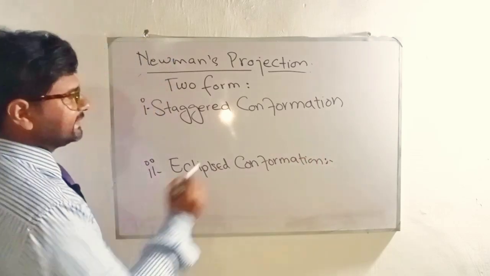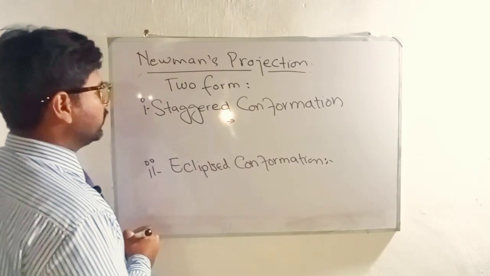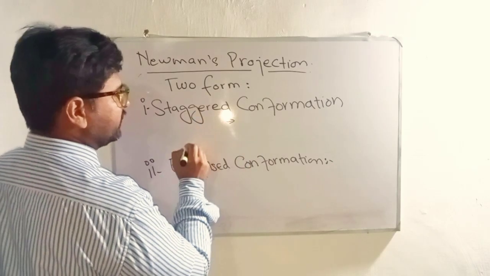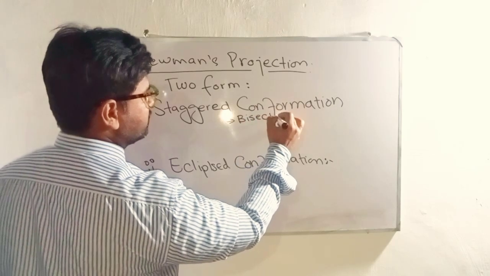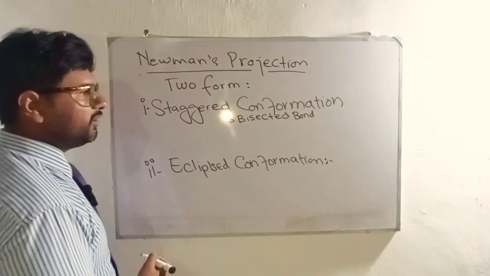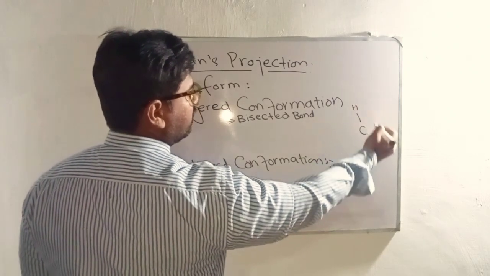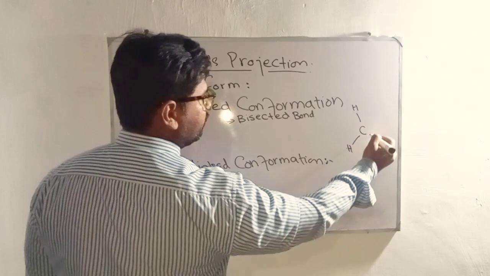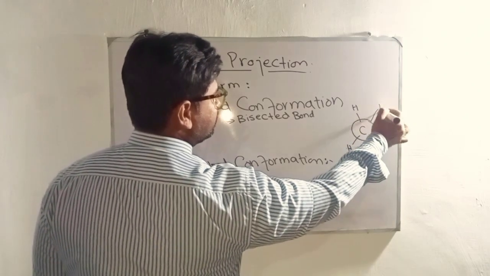Now, the staggered conformation is related to bisected bonds, which means that the two carbon atoms contain hydrogen bonds that are bisecting each other.